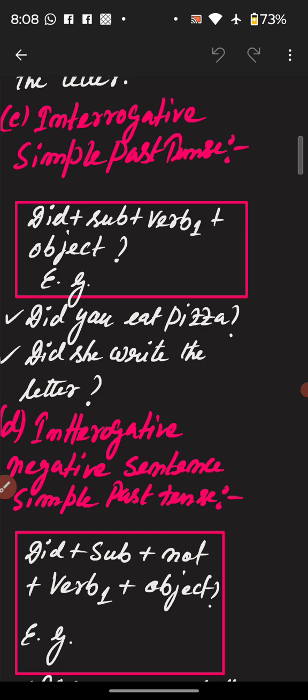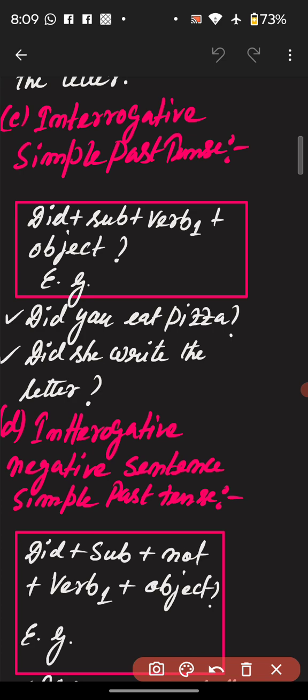So the formation of the question will become, first I am giving you the examples, it will make it easy to understand. Did you eat pizza? Did she write a letter?